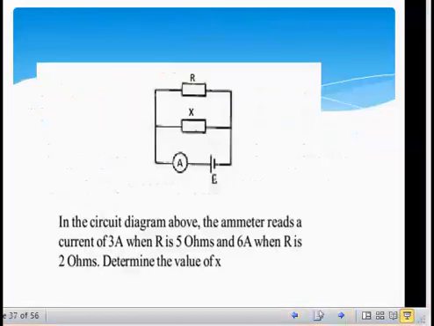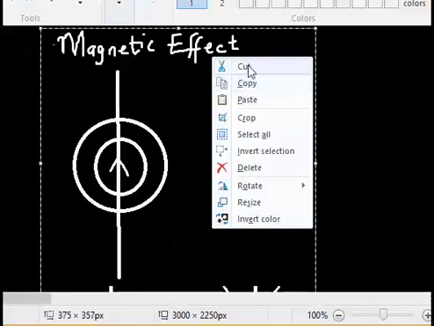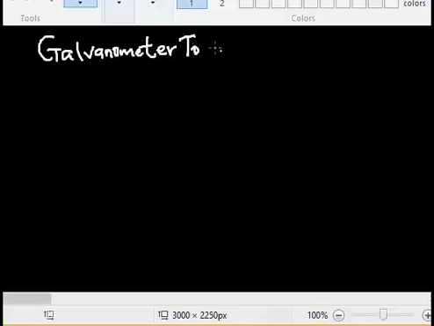I will now talk about the conversion. Let's see how we can convert a galvanometer to an ammeter.